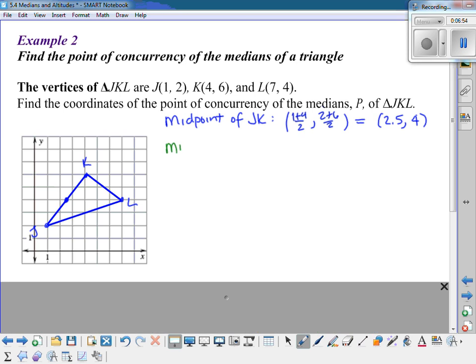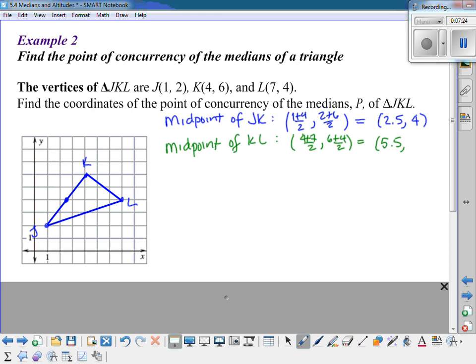To find the midpoint of KL, I'm going to do the same thing, average my x's and y's. So for KL, I've got 4 plus 7 divided by 2, and 6 plus 4 divided by 2. 4 plus 7 is 11, divided by 2, that's 5.5.